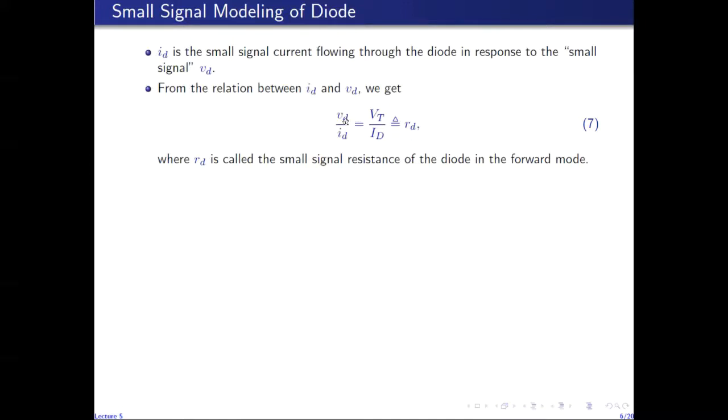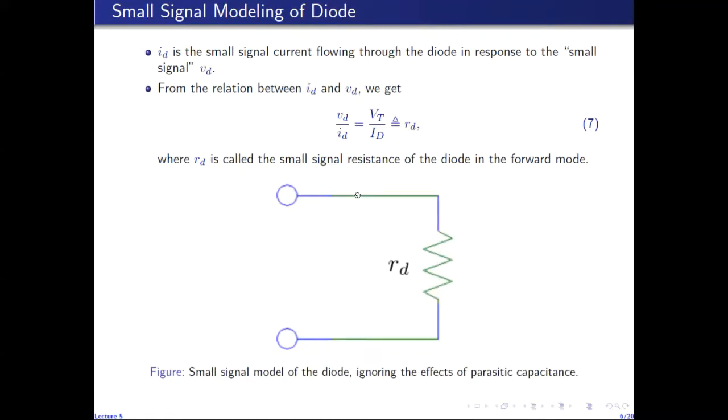It is called that because it depends upon the AC quantity. So rd is actually the ratio of the small signal AC voltage across the diode to the small signal AC current through the diode, and hence it's called the small signal AC resistance of the diode, or just the small signal resistance of the diode in the forward mode.